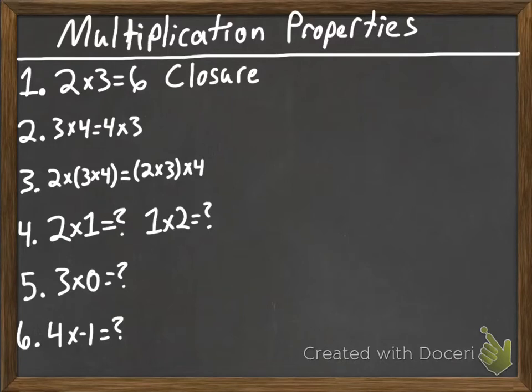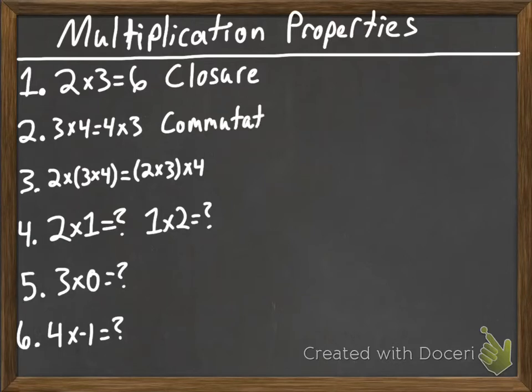Property 2 says that 3 times 4 equals 4 times 3. Well, this looks very similar to the commutative property of addition, and it's the same one for multiplication. So this is the commutative property.